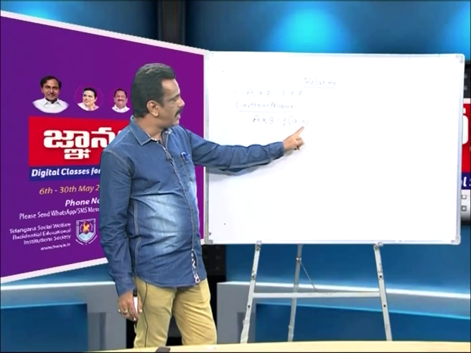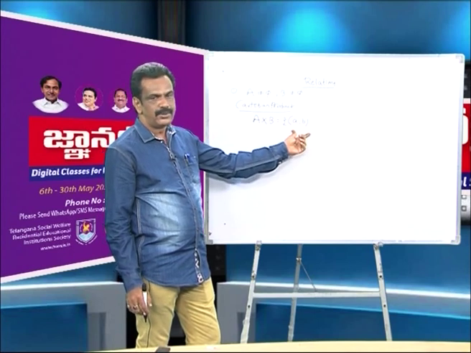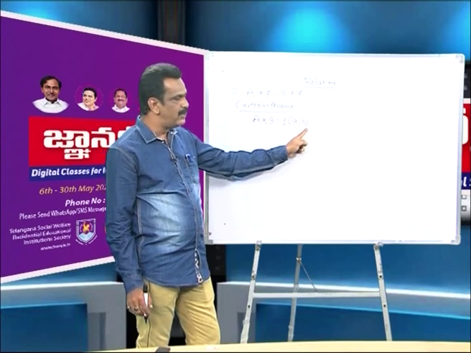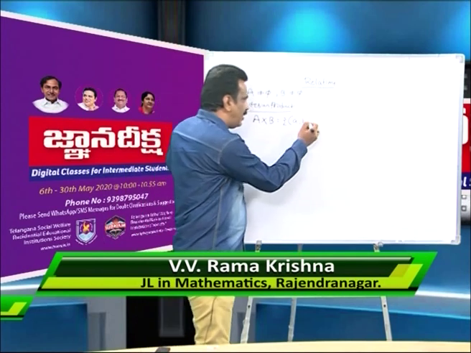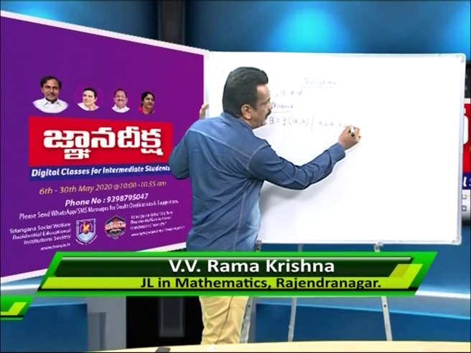Here (a, b) is an ordered pair, such that a belongs to capital A, b belongs to capital B.